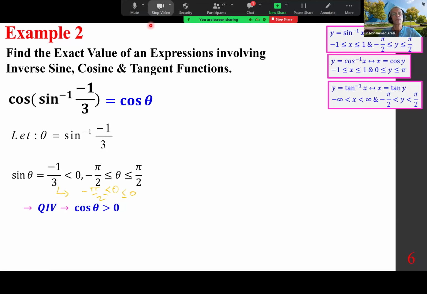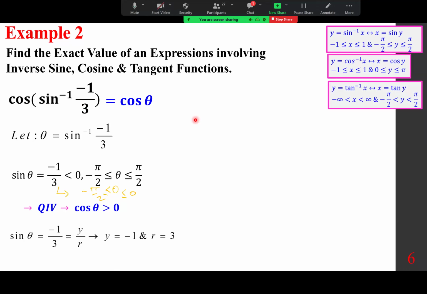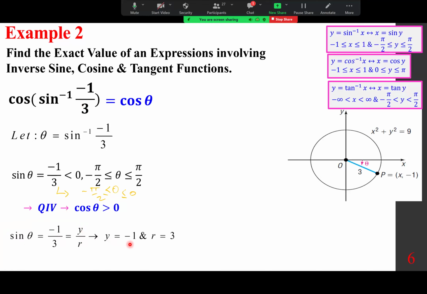So let's work this out. Sine is negative 1 over 3, which makes it y over r. So y must be negative 1, r must be 3. And here's x squared plus y squared equals 9.